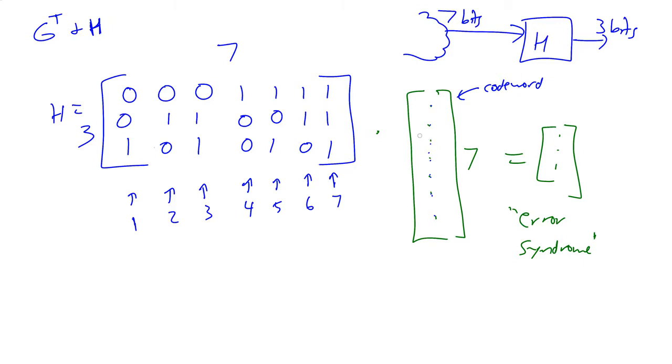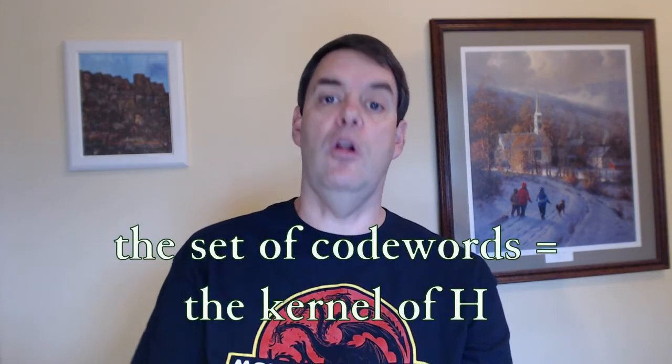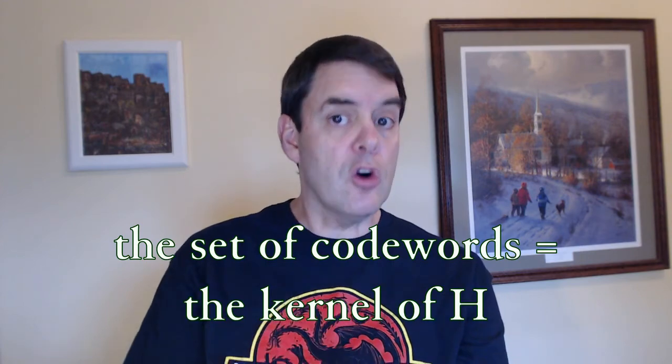So if I multiply this H matrix by a code word, what I get out is this. What that means is that the code words are the words that are in the kernel of H. Remember, the kernel, or the null space of a matrix, is the set of vectors where, if you multiply the matrix by that vector, you get the 0 vector.